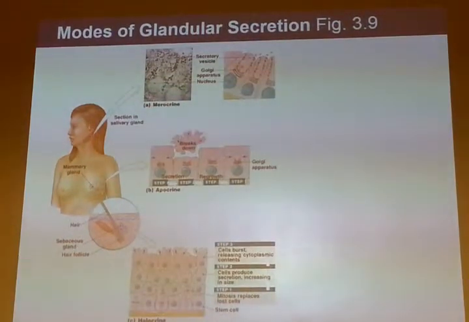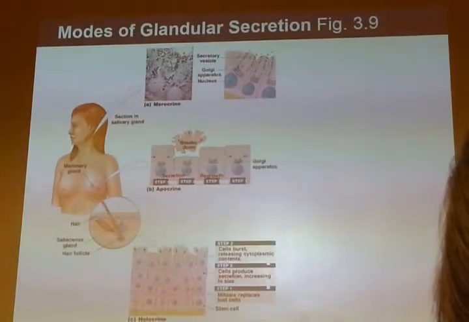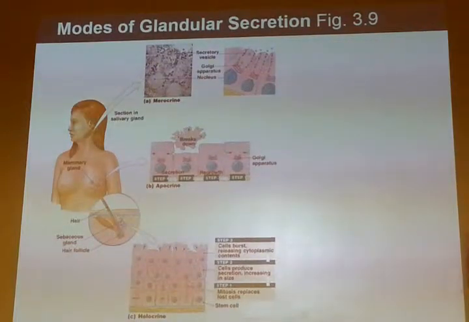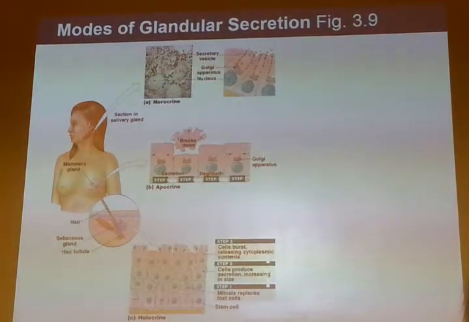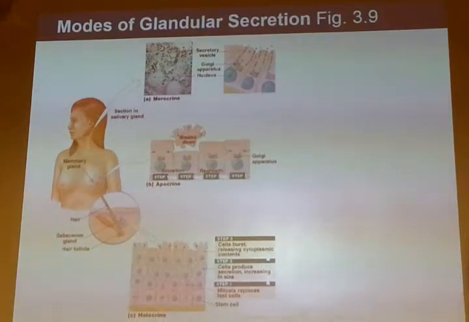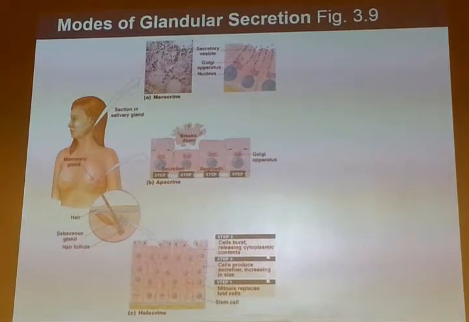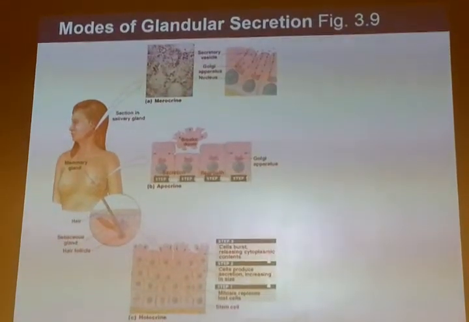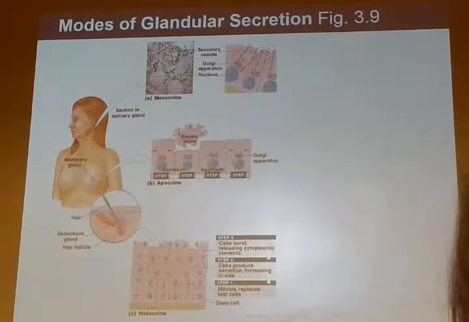Unfortunately, older people, because of the stink that came out of these apocrine glands at puberty, thought the cell was losing a lot of itself with the secretion. You look at this definition, the top part of the whole cell is the secretion. Based on the amount of fat that comes out of your apocrine sweat glands, they figured they would name it apocrine because it was losing part of the cell as the secretion.